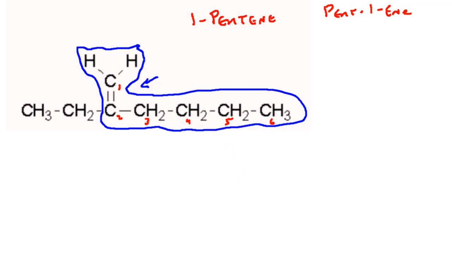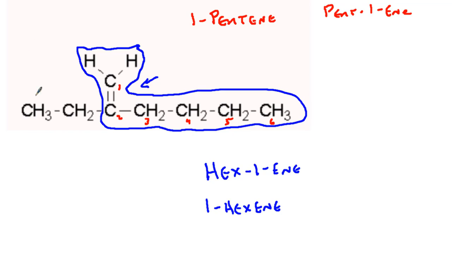So you can see how here we have 6 carbons. We're going to call that hex. Where is that double bond coming off of? It's coming off of the first carbon. So you can call it hex-1-ene, or you could call it 1-hexene. I'm fine with either one.